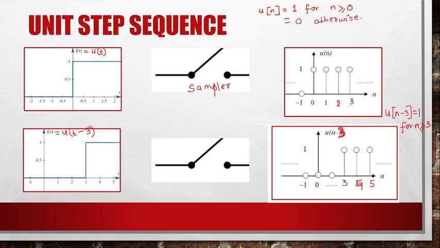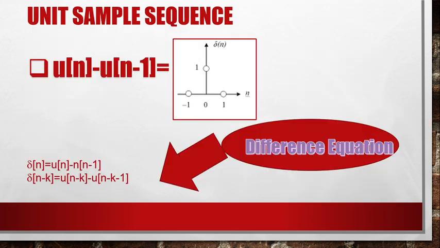Now from here, if I told you that I have a signal like this, this is my u[n]. And I have u[n-1].